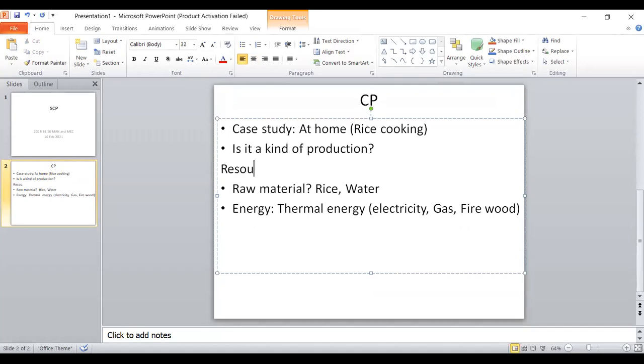Resources. Is there a process? Yeah. You can think very lightly, no need to be very serious, but understanding is of course important.